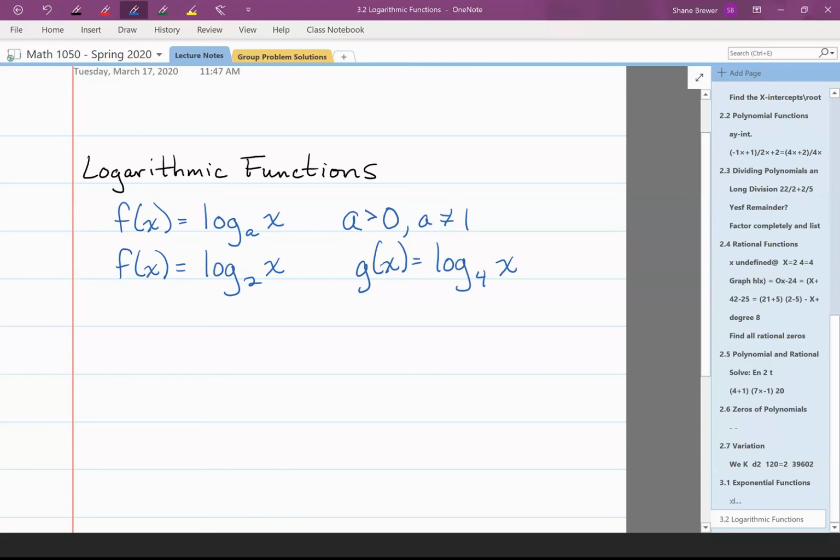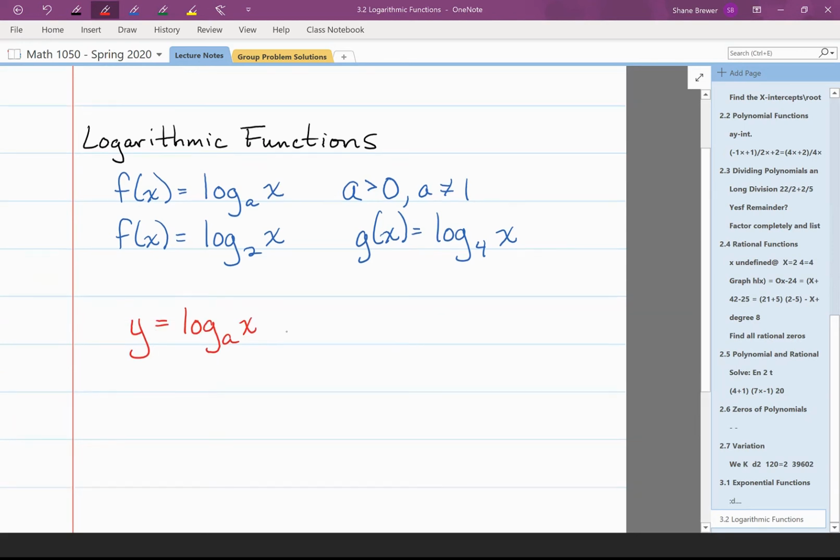But now, the thing about these functions, when you see them like this, we have no idea what is mathematically going on. So here's what you need to know about how a log works mathematically. I'm going to go back to using y instead of f of x. If we have the function y equals log base a of x, in order to understand the math behind it you need to transform it into this form: a raised to the y power equals x.